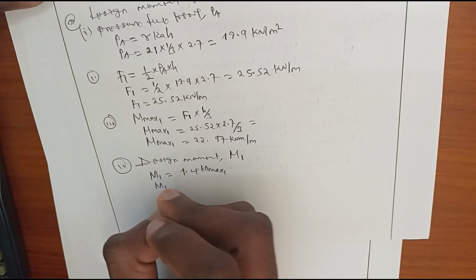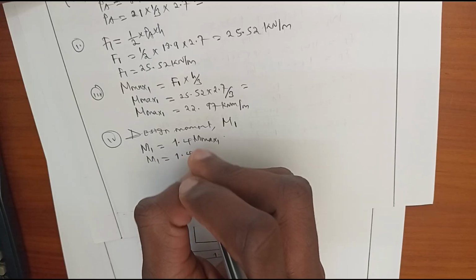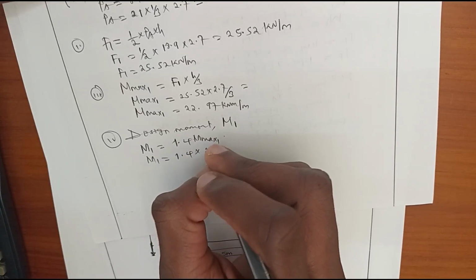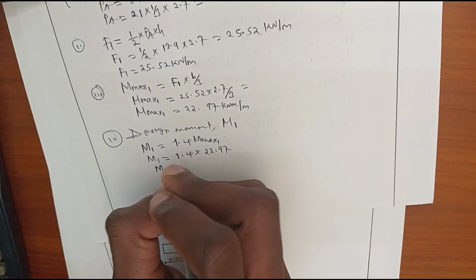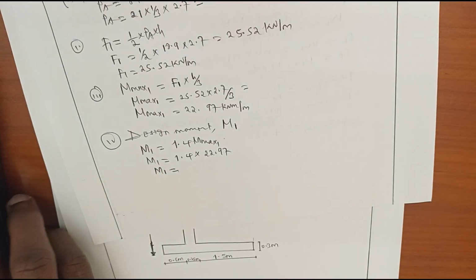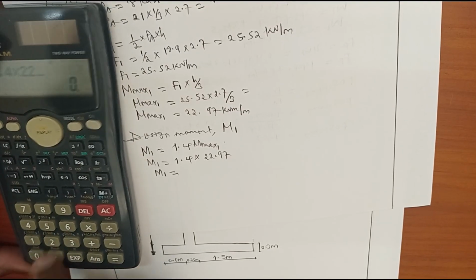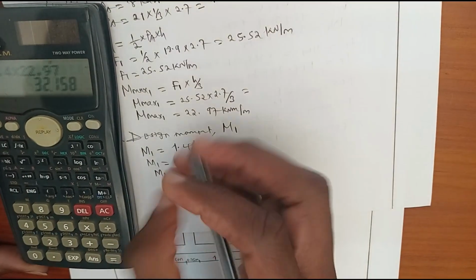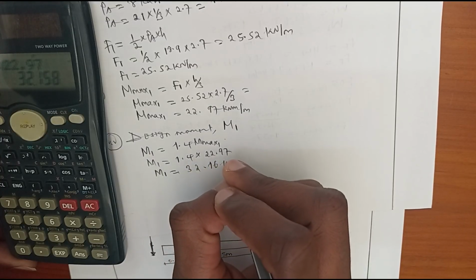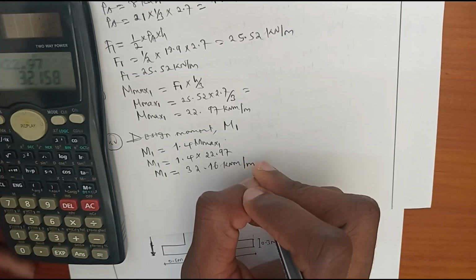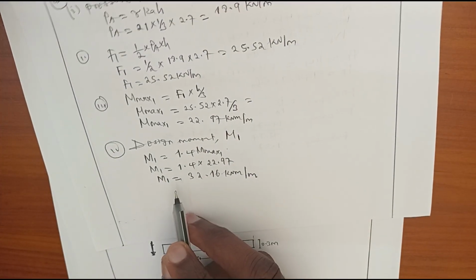Substituting, it will be equal to 1.4 times 22.97, which is 32.16 kilonewton meter per meter. This is the design moment due to the soil.